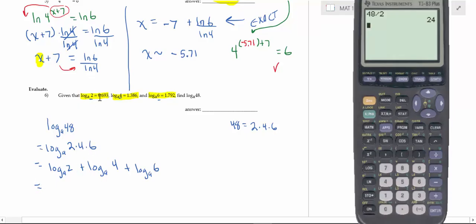The log of 2 was 0.693, the log of 4 was 1.386, and the log of 6 was 1.792.